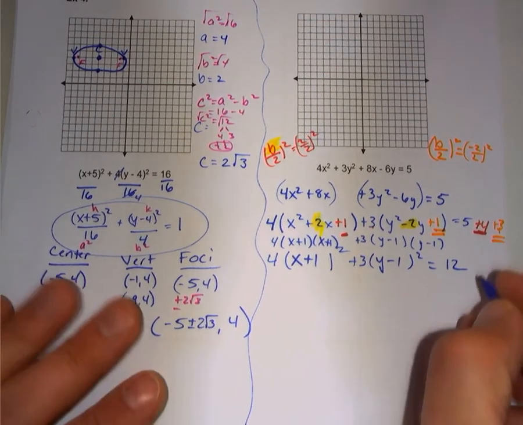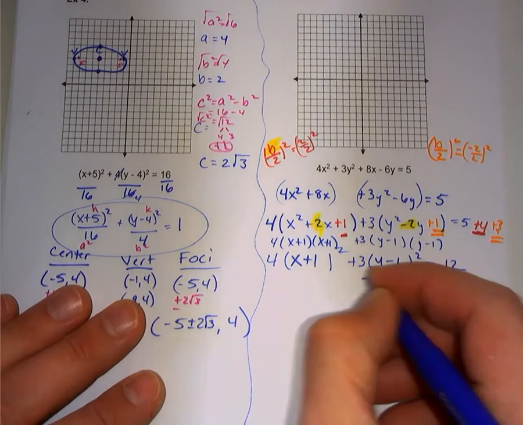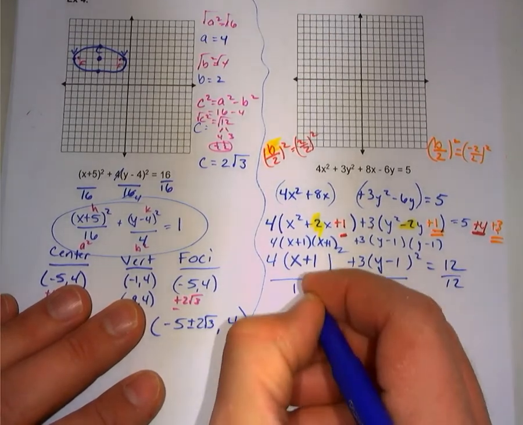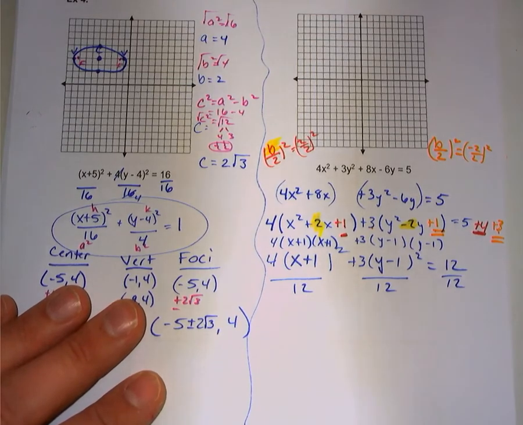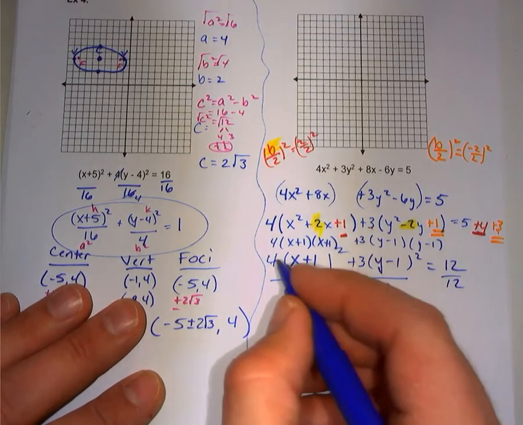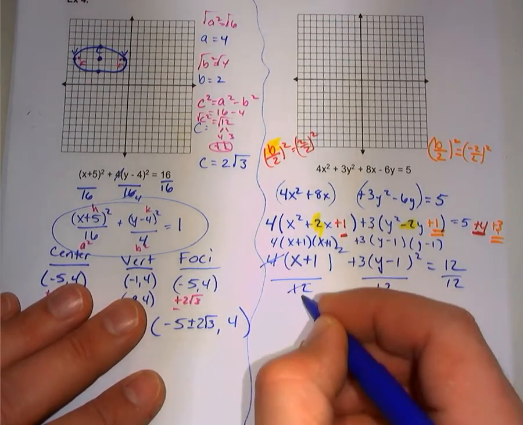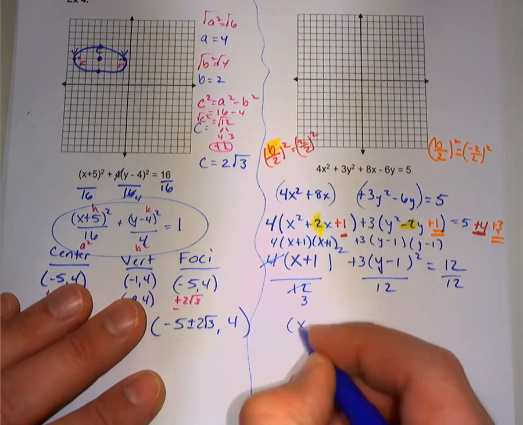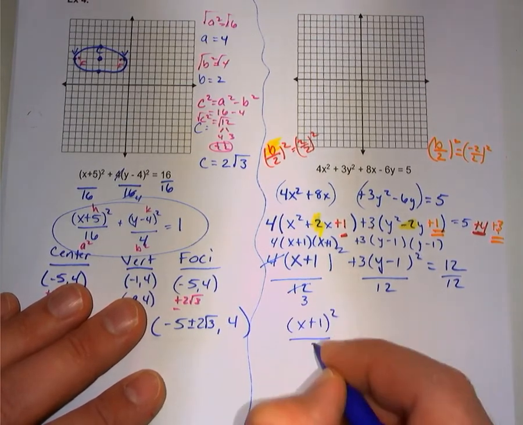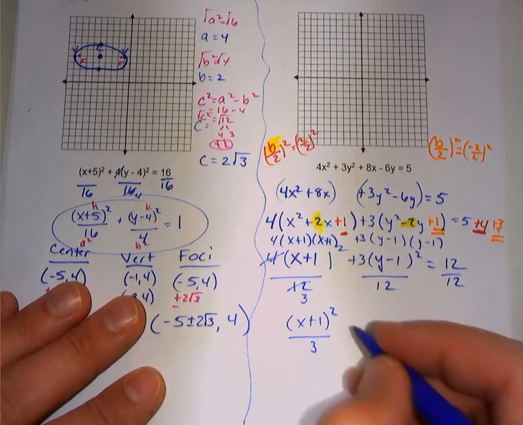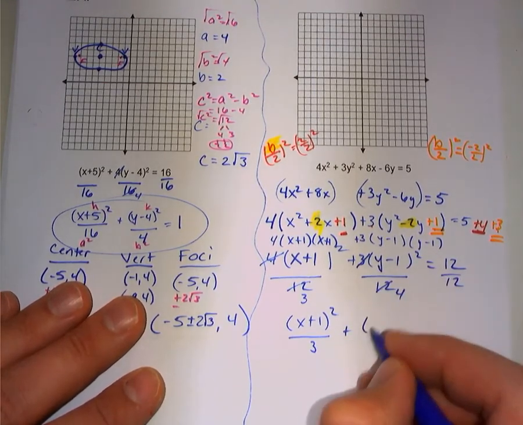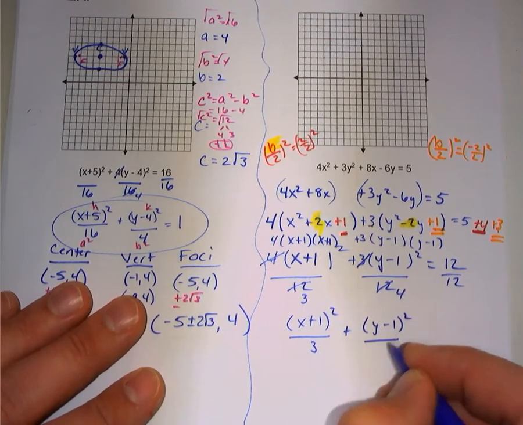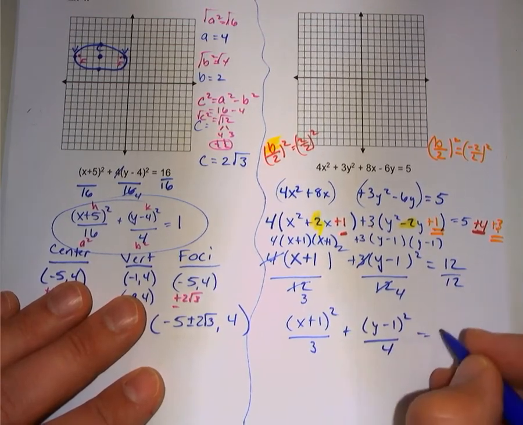When we divide this over, moment of truth, is these numbers, this 4 and 3, should completely disappear. All right? So 4 and 12 reduce, gives me a 3 there. X plus 1 quantity squared over 3. Here the 3 and the 12 reduce to a 4 on the bottom. I get y minus 1 quantity squared over 4. And then 12 divided by itself is 1.